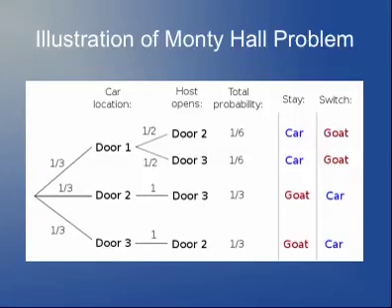Otherwise, you win if you switch, so you end up with a probability of 2 out of 3. And yeah, I'm probably never going to ask you to do anything this convoluted in this class. There's a couple on the homework assignment that are a bit tricky, but nothing this nasty. This is just kind of a fun example that you can use if you want to mess with people at parties or whatever.